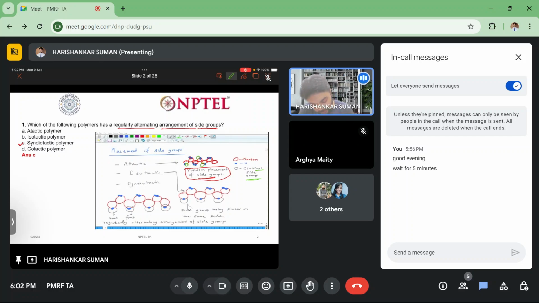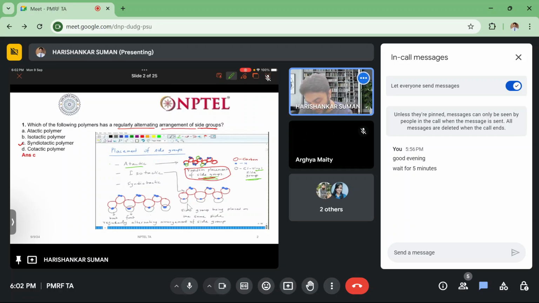So this is a random arrangement. If the side groups are randomly arranged, it is known as atactic polymer.